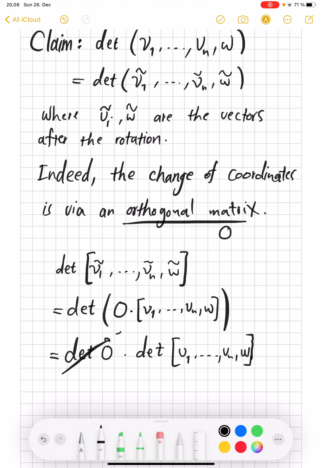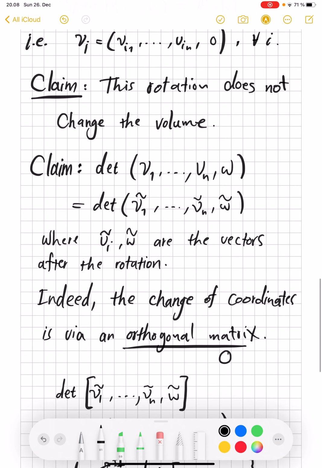But the determinant of O is equal to 1 or -1 because it's an orthogonal matrix. And the proof is complete once I put the absolute value here. Remember, we only care about the absolute value of them.